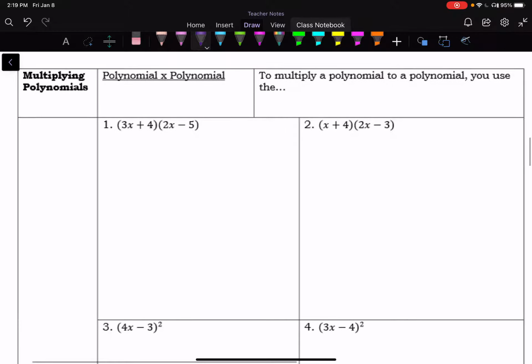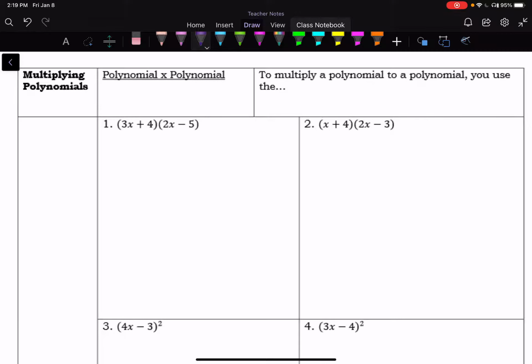Moving on to my next page, we're going to be talking about multiplying polynomial to another polynomial. Remember that a polynomial means that it has one or more terms. To multiply a polynomial to a polynomial, you use the box method.